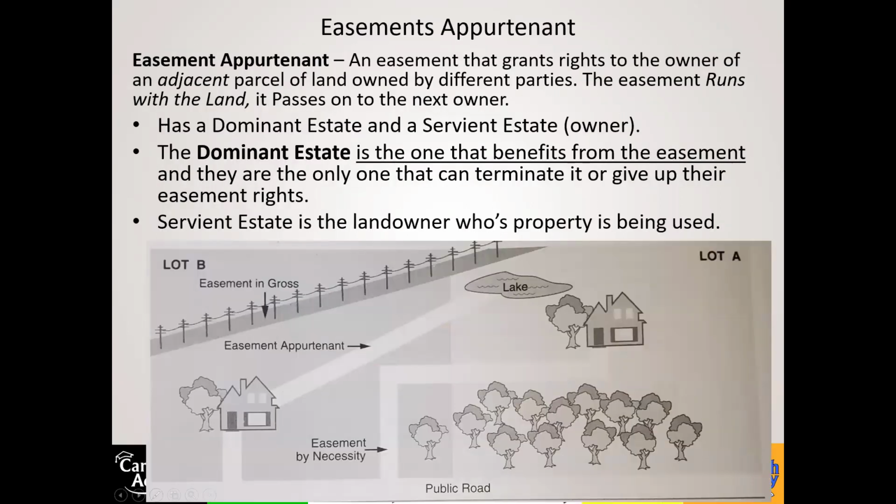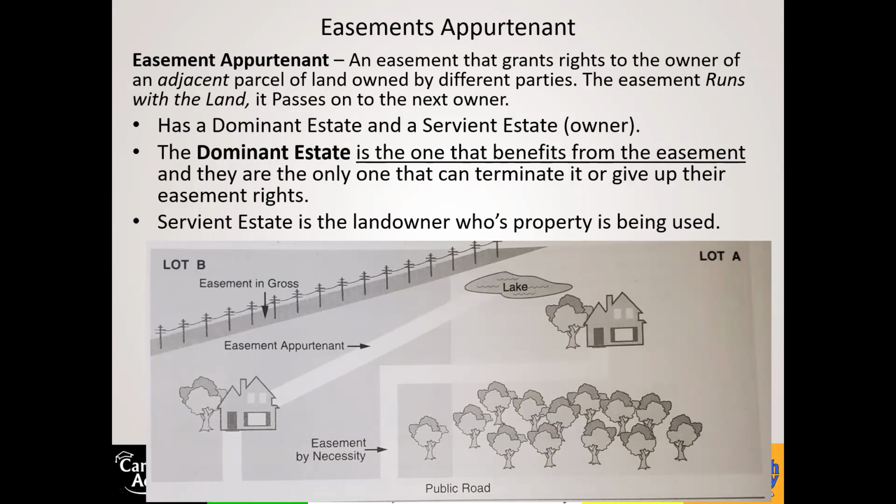So in this drawing on page 110, you have an easement appurtenant right here. You have lot owner B on the left, lot owner A on the right. You have an easement appurtenant that was created so that lot owner B can cross over lot owner A's property to use the lake. Who's the dominant and who's the servient estate here?